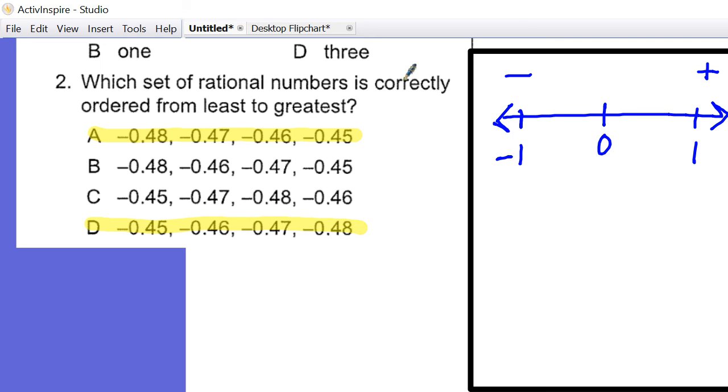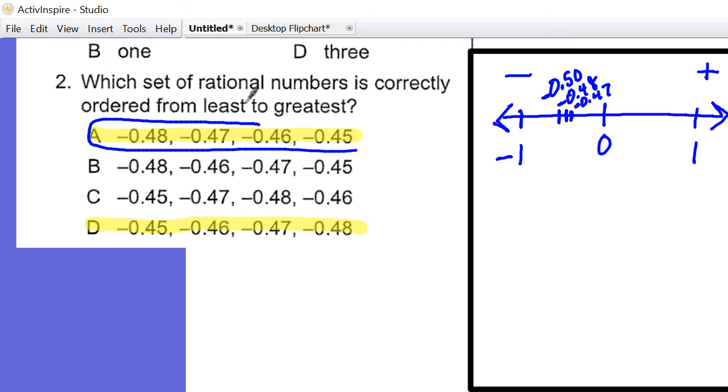If I go back to my number line and start at 0, right in the middle would be -0.50. Well, 2 to the right of that would be -0.48. And then to the right of that would be -0.47. Well, the one that's farthest to the left is -0.48. Then -0.47. The answer to question number 2 is A.